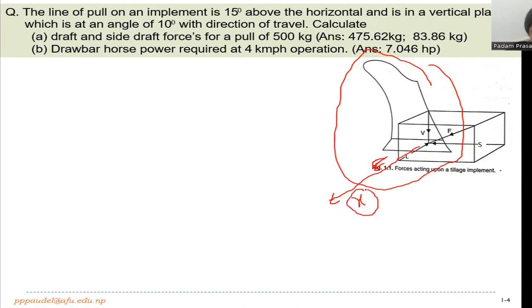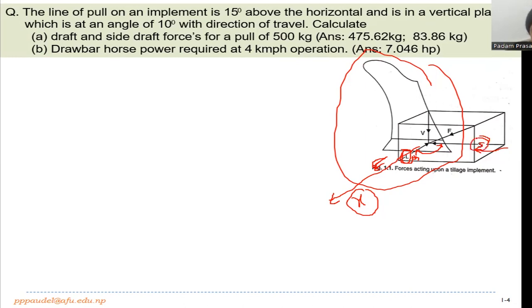Along that direction, the total force acting in the direction of travel, that is D here, is called the draft. And on its perpendicular side, at 90 degrees to it but in the horizontal plane, the force acting upon the implement, that is S, is the side draft.